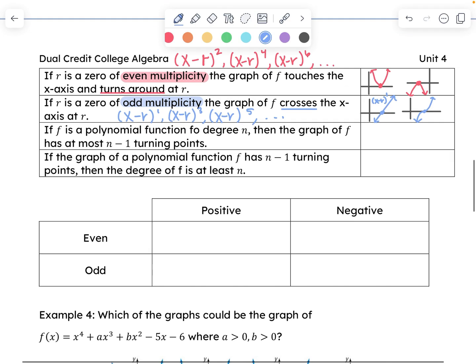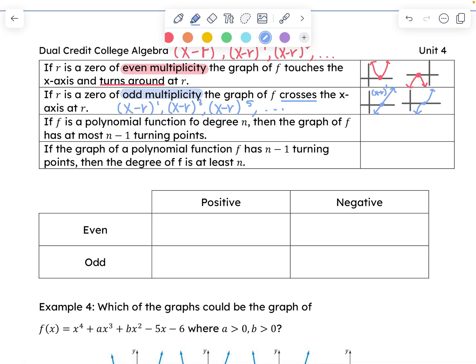So we've got two other things here. It says if f is a polynomial function of degree n, then the graph of f has at most n minus 1 turning points. Turning points is another way of saying mins or maxes.